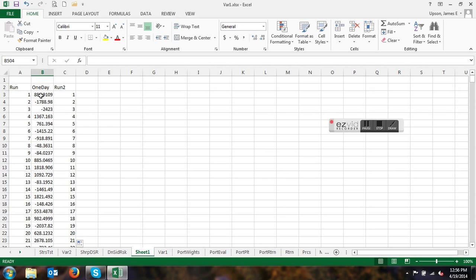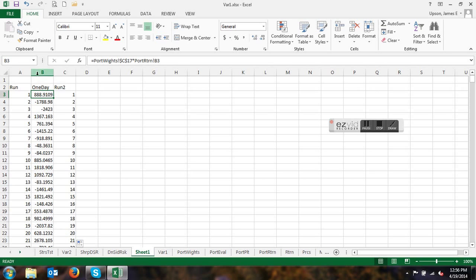So the next thing we want to do is sort our daily returns from lowest to highest, from the most negative number to the most positive.